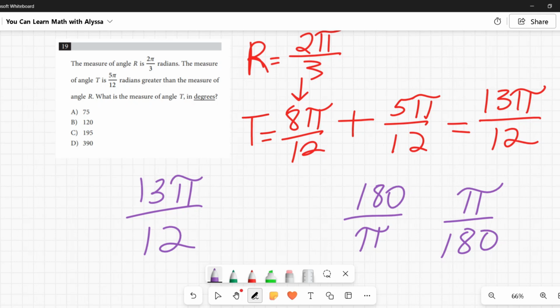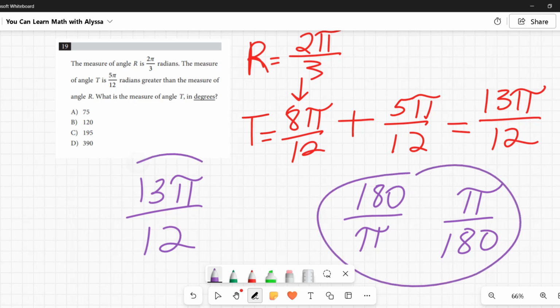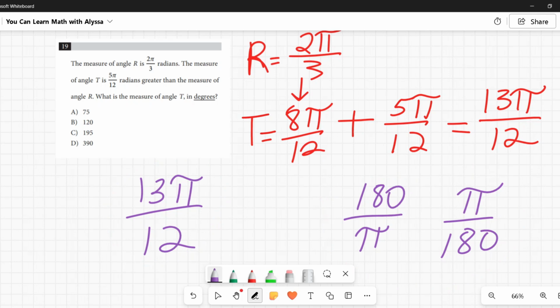So if we're converting from radians to degrees, we want the pi's to cancel out. And if we're going from degrees to radians, we want to add a pi. So which of these two would I multiply this by to get rid of the pi? It would be the one with the pi on the bottom.